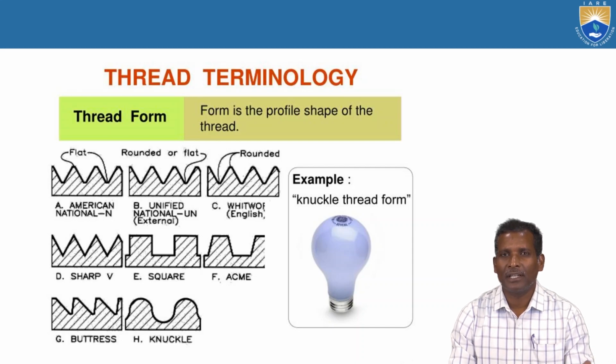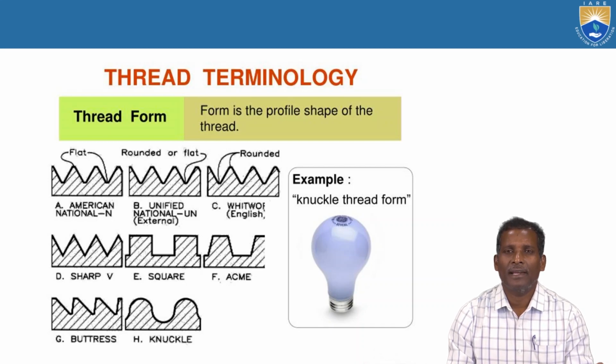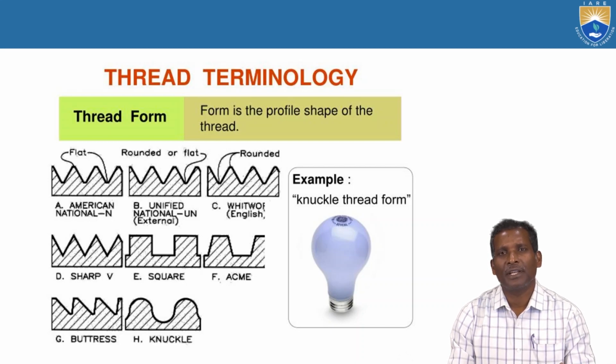And based on pitch and lead, single thread and double thread. Another is the shape of the thread, which may be square, acme, half circle, round or flat.